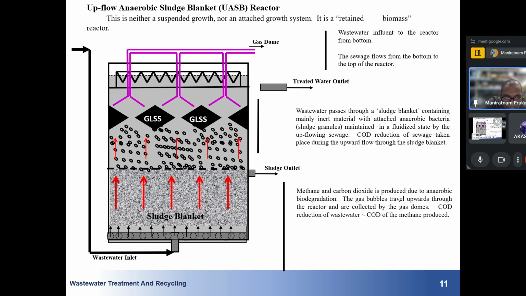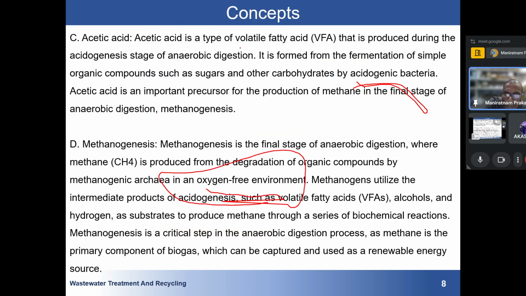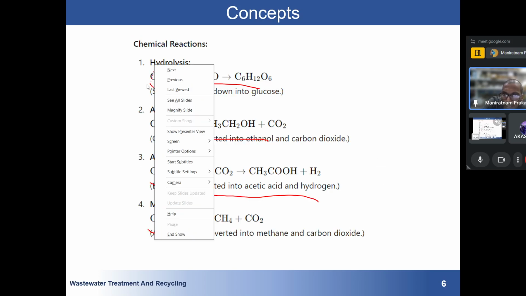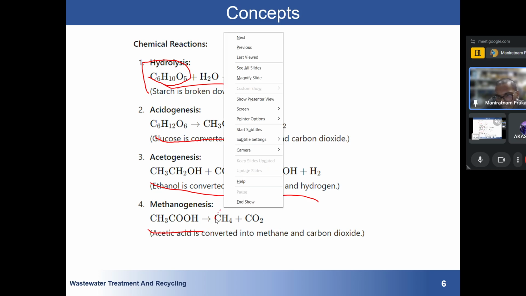Methane and carbon dioxide are produced due to anaerobic biodigestion. These gas bubbles travel upward through the reactor and are collected by the gas dome. The COD reduction of the wastewater is equal to the COD of the methane produced. Just imagine that your organic matter contains only this. Whatever the COD reduction is, the COD of the methane formed will be equal.